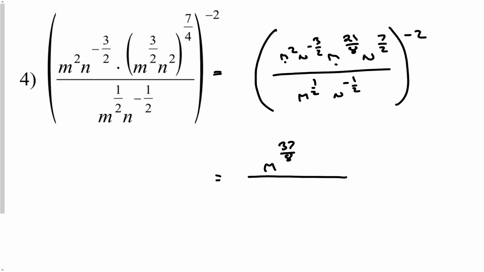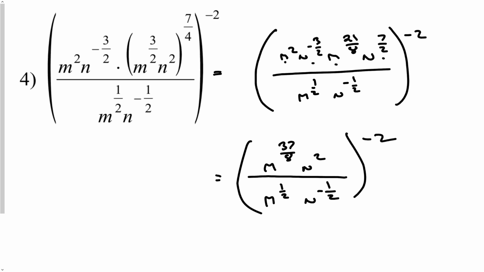And well, let's do n. They're nice and easy right there. They both have a denominator of 2. So that's 4/2, which is n squared, m to the 1/2, n to the -1/2. I can just cancel these two. Both raised to the, don't forget this, still -2.